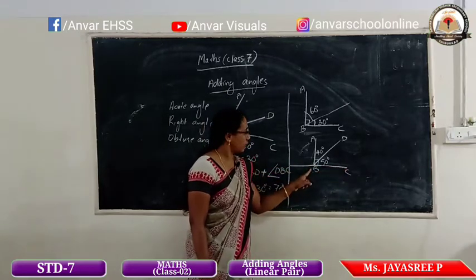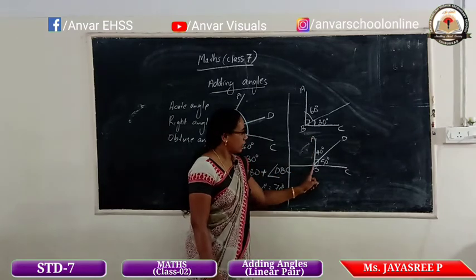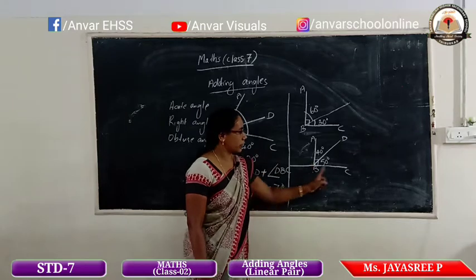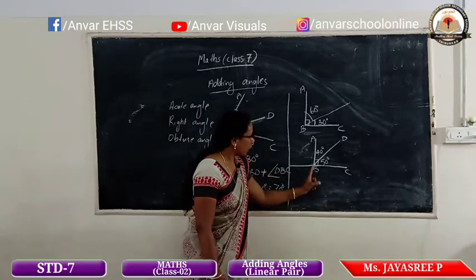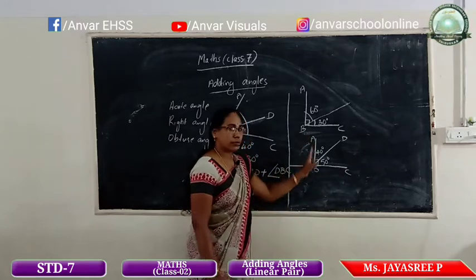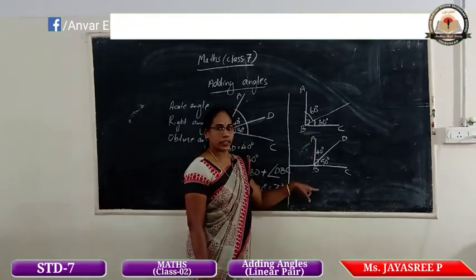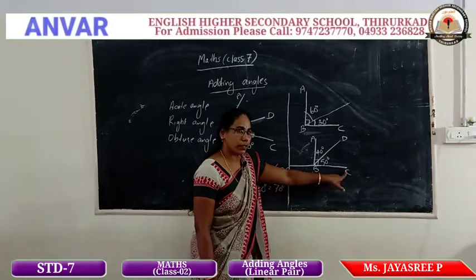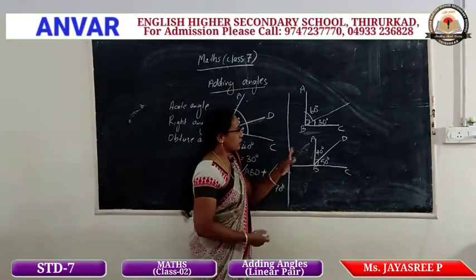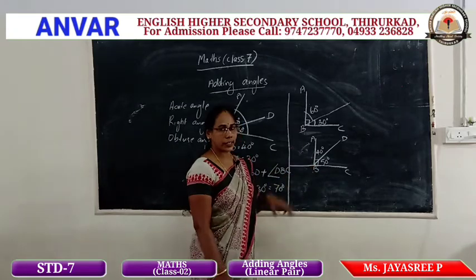BC is a straight line and AB is also straight line. BC and AB are two perpendicular lines. BC is a horizontal line and AB is a vertical line. These two lines meet together to form 90 degree. The horizontal line BC and the vertical line AB join together to form the angle 90 degree.